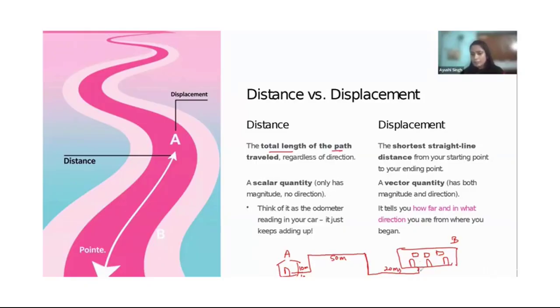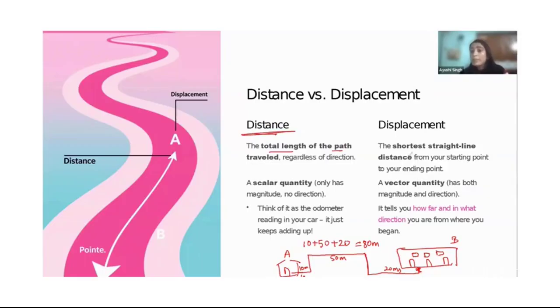So this distance is the total length of the path traveled. That means 10 plus 50 plus 20, which is 80 meters. After traveling 80 meters of length, you have reached your school. That is the distance covered.